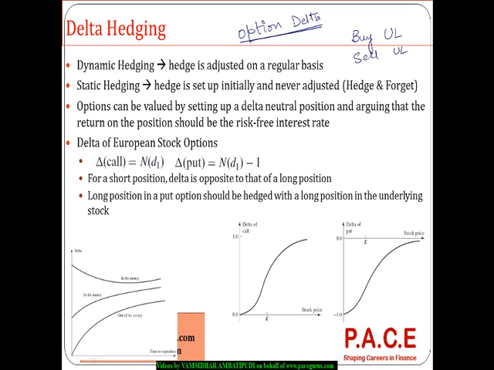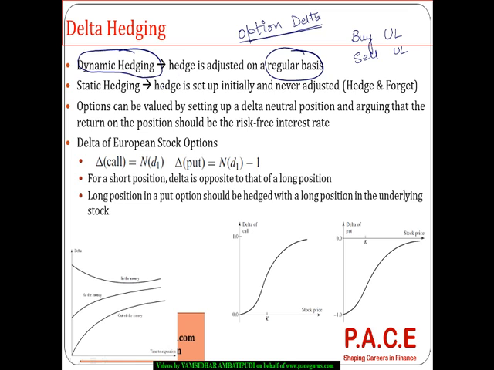So when I am changing the portfolio composition to make sure that the overall portfolio is becoming delta neutral on a dynamic, regular basis, we call that process delta hedging. Sorry, dynamic delta hedging.